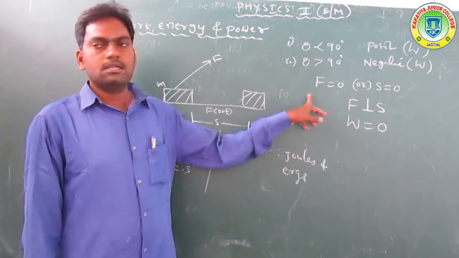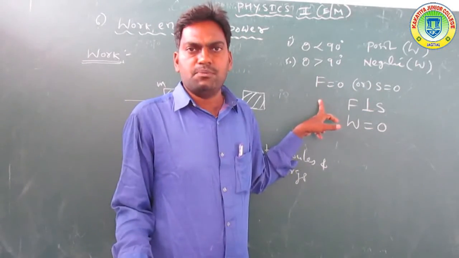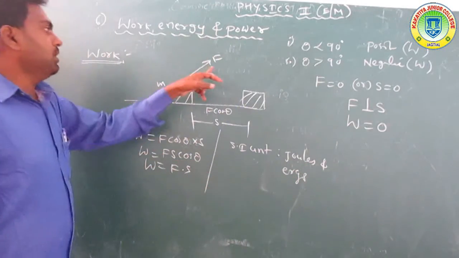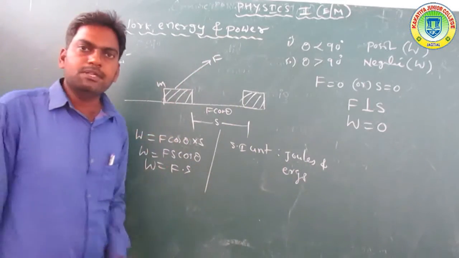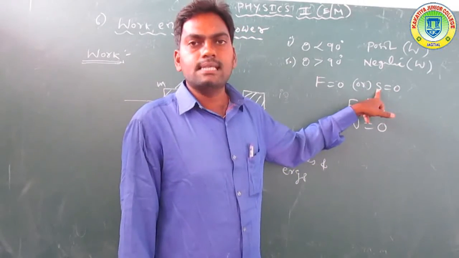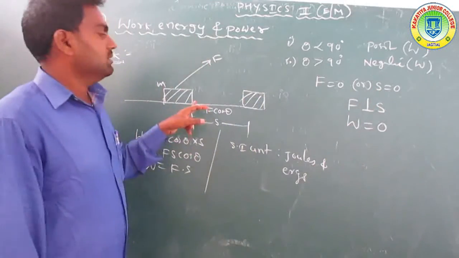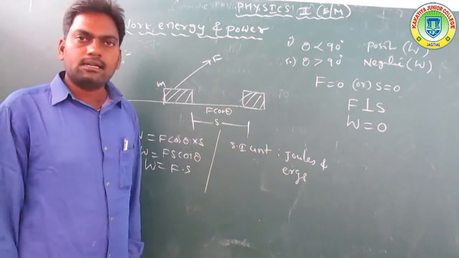F equal to 0 means no force is applied on the body, so work done is 0. Similarly, S equal to 0 means displacement is 0, so the work done is also 0.